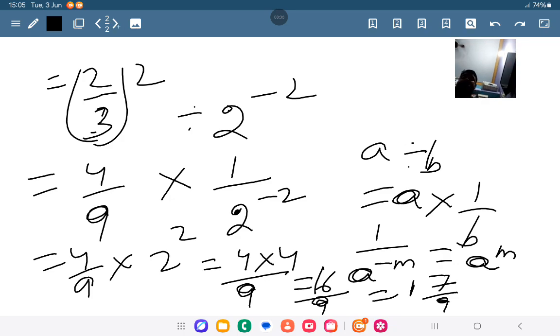Okay. Then the next example. Let me write the example. Yes, this is the example.